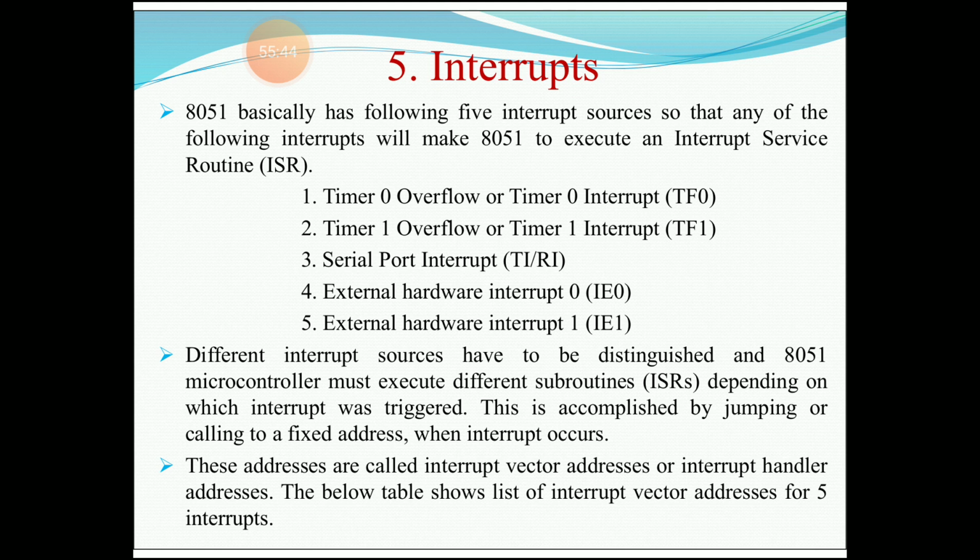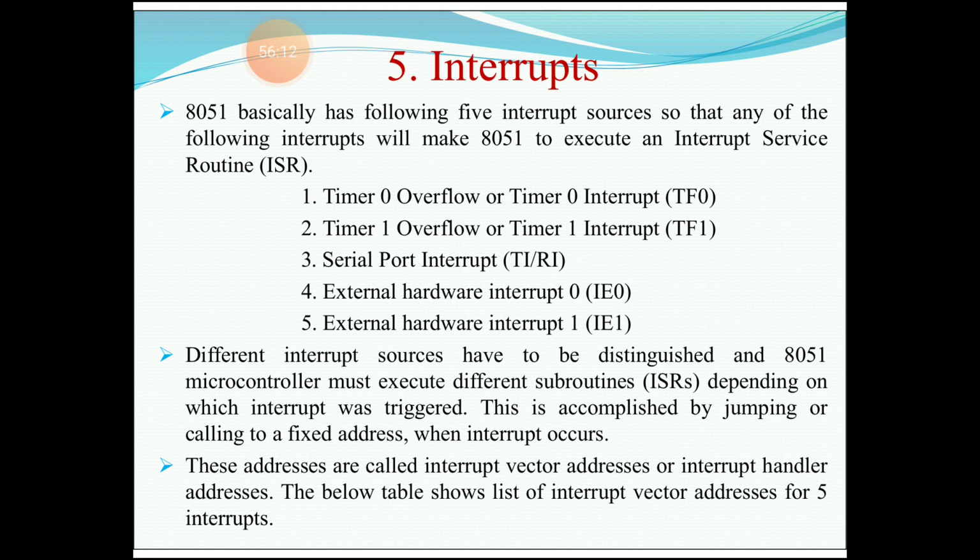Different interrupt sources have to be distinguished, and the 8051 microcontroller must execute a different program called ISR depending on which interrupt was enabled. This is accomplished by jumping or calling to a fixed address when an interrupt occurs. These addresses are called interrupt vector addresses or interrupt handler addresses.